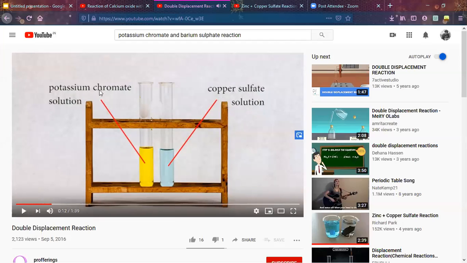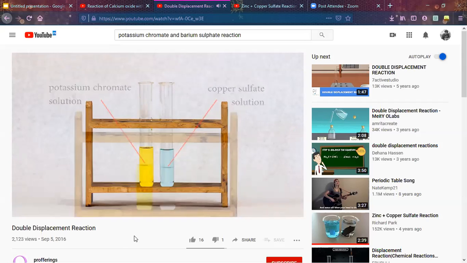They have taken potassium chromate and copper sulfate solution. Potassium chromate is K2CrO4. Copper sulfate is CuSO4. Yellow color and blue color.